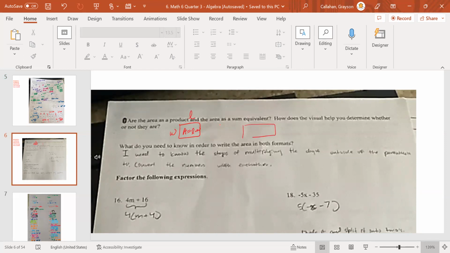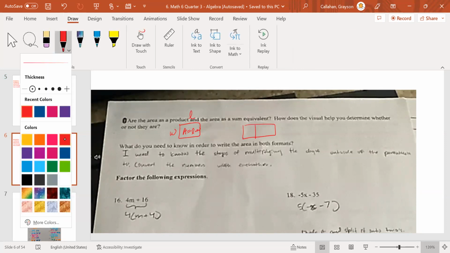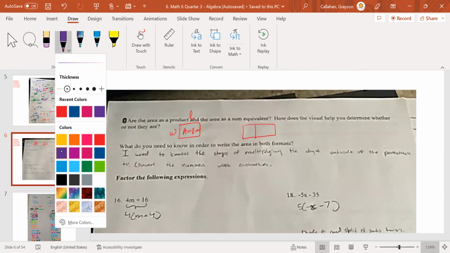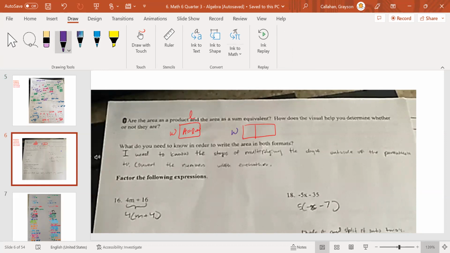The area as a sum equivalent kind of breaks it down like this. So that way you have this side might be W, but this side might have to be like, this is A and this is B, A plus B, right? What's the difference? The only difference is that with sum equivalent, your area is width times length, A plus B, which means you have to do what with it?